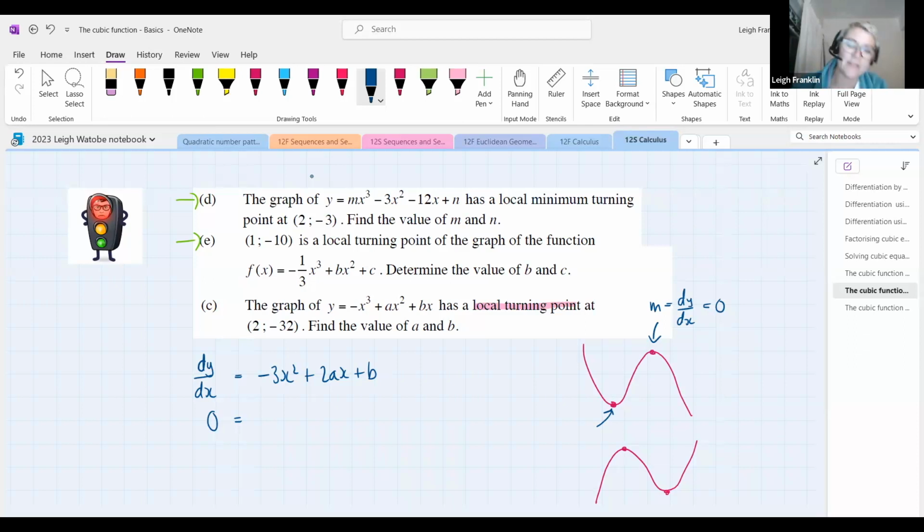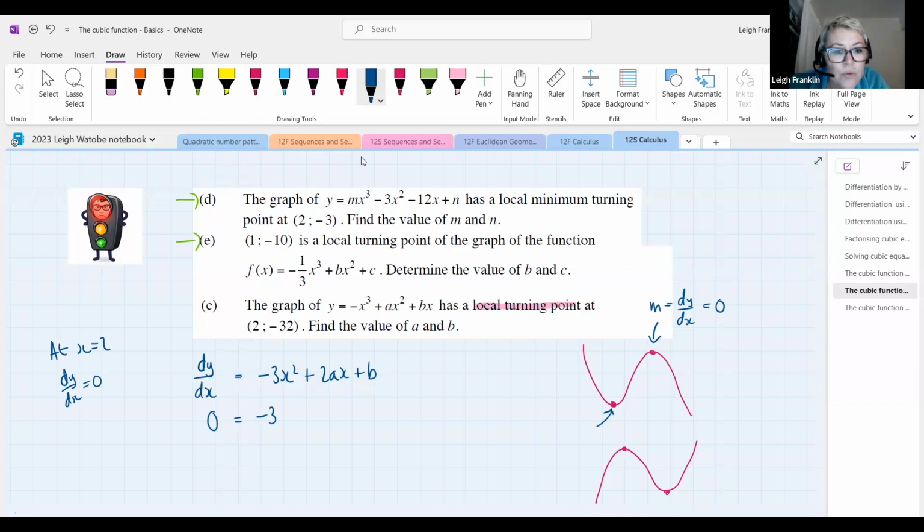Yes. Okay. Do you want me to do the rest of it for you? Yes, please. Okay. All right. So now you know that at x equals 2, dy over dx is equal to 0. You know the x coordinate where the gradient is 0.